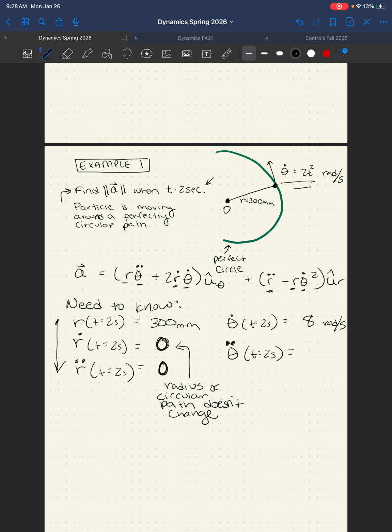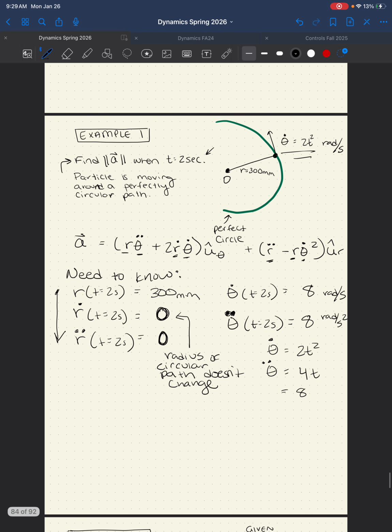But then I need to also find theta double dot. So theta double dot will be just taking another time derivative of theta dot. So if theta dot is 2t squared and I take another time derivative of this, that means theta double dot should be 4t. And if I plug in t equals 2 seconds, that means theta double dot at 2 seconds is equal to 8 radians per second squared.